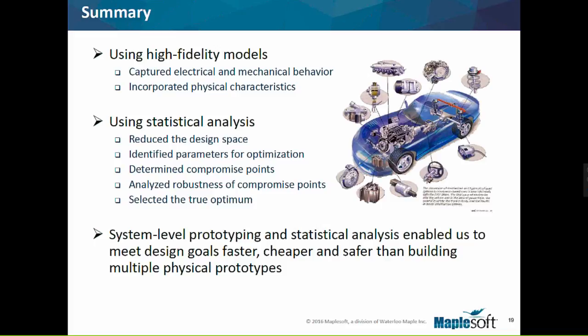Because the model was fully characterized, we were able to perform sensitivity studies for each of the compromise solutions and apply advanced optimization to determine the optimum combination of parameters. Through system level modeling, we were able to meet the design goals and achieve the most optimum design significantly faster, safer, and more cost efficient than building and testing multiple physical prototypes.